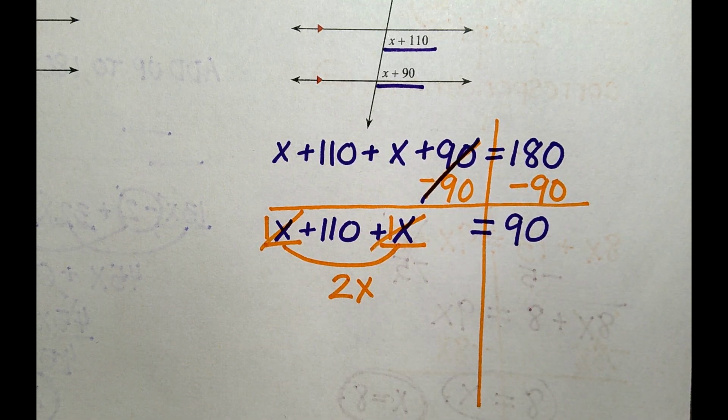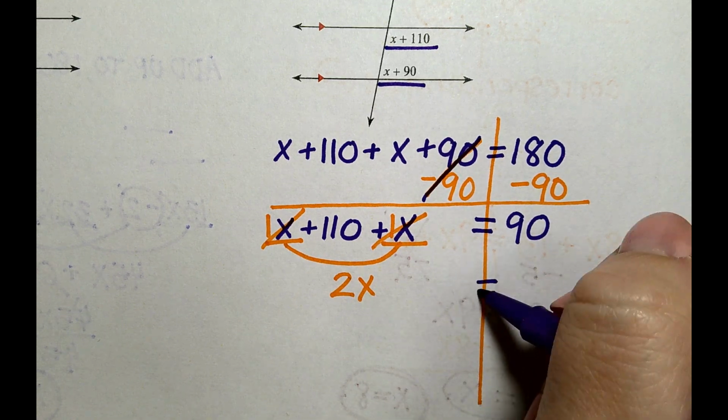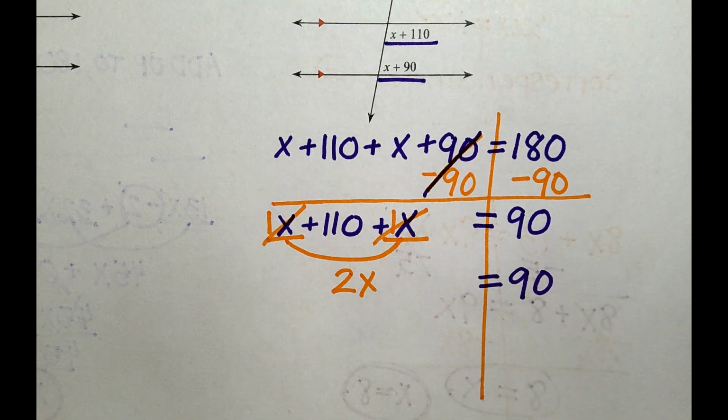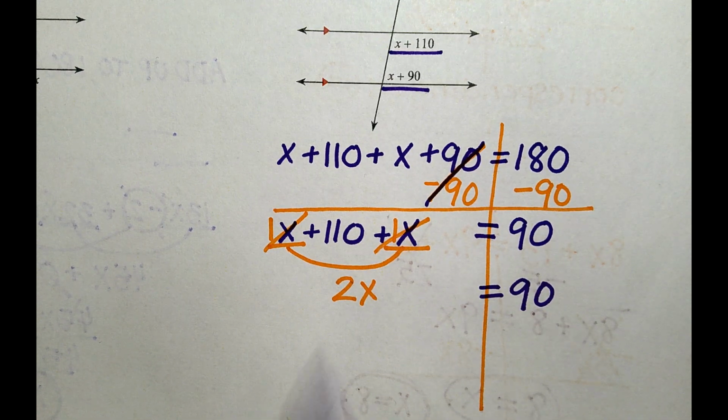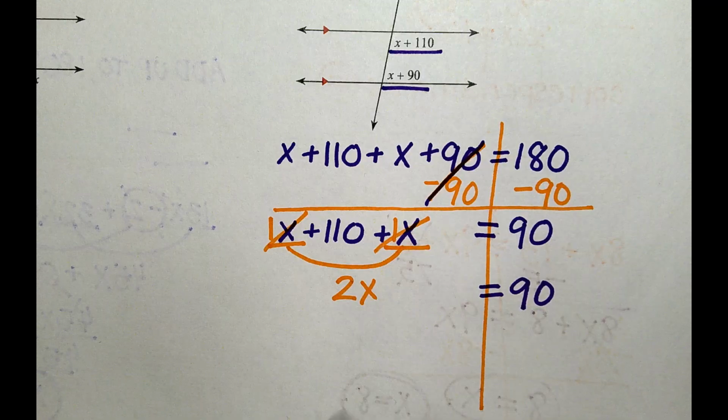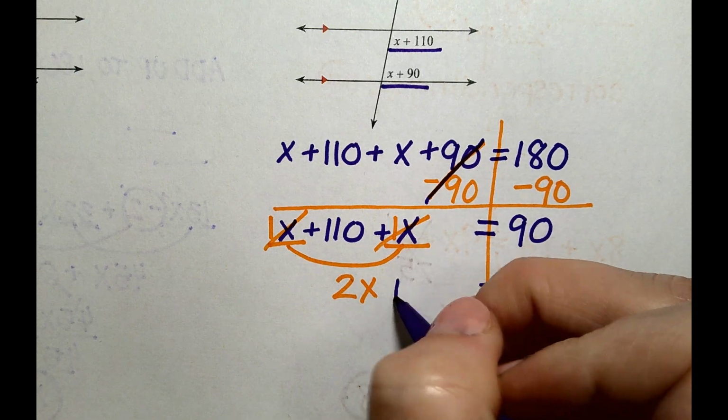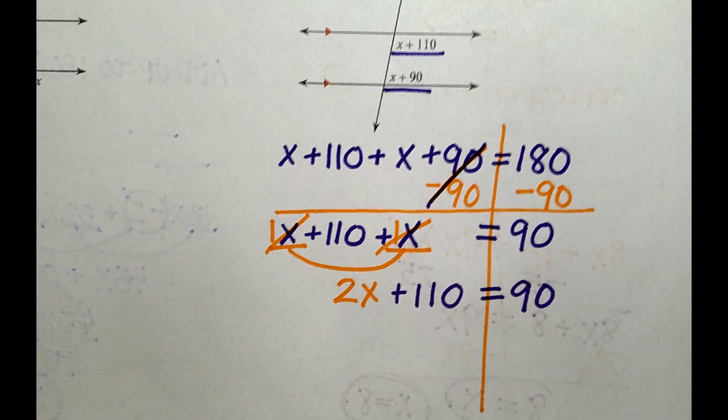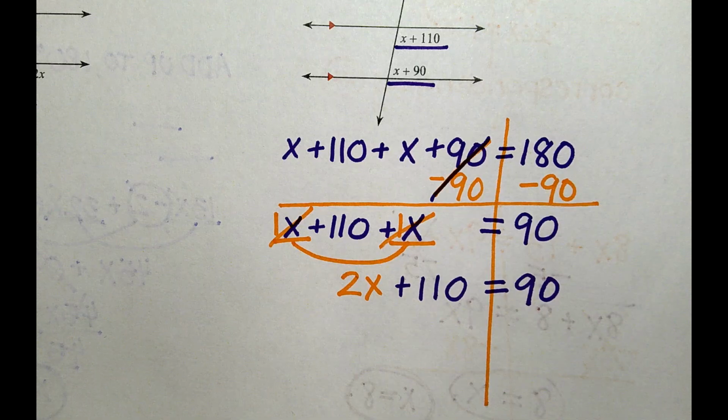Okay, and then what do I do? Equals 90? Equals 90. What am I missing? Plus 110. Oh, we almost forgot it. Plus 110 equals 90.